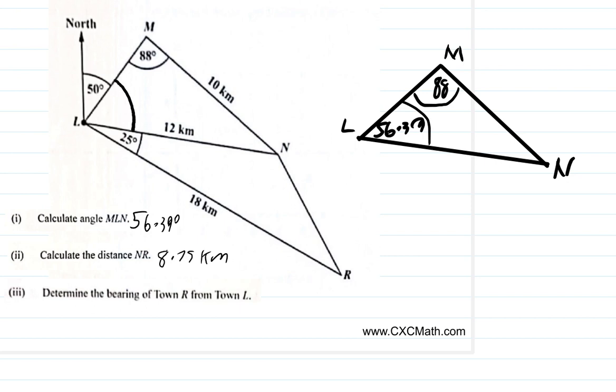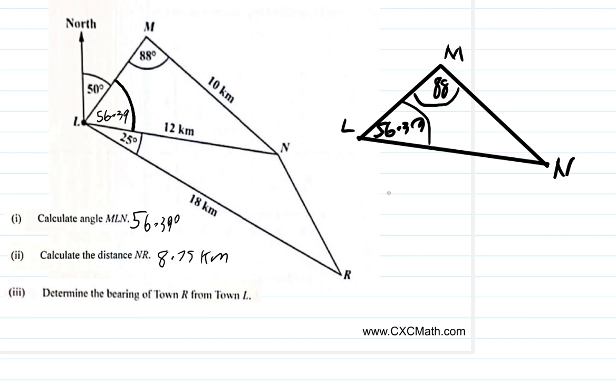This angle is our 56.39 degrees. The bearing consists of the 50 plus the 56.39 plus the 25 degrees.